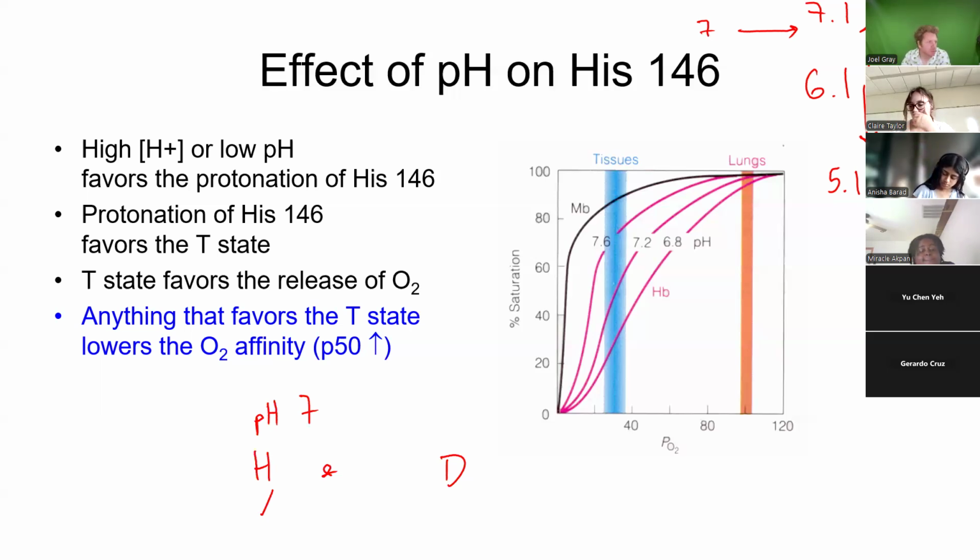Aspartic acids have a pKa of about 3.3, so the likelihood that an aspartic acid R group is protonated at a neutral pH is super low. Does that mean it's never going to be? No, it just means it's unlikely. So histidine at a physiological pH can be protonated and can be deprotonated.